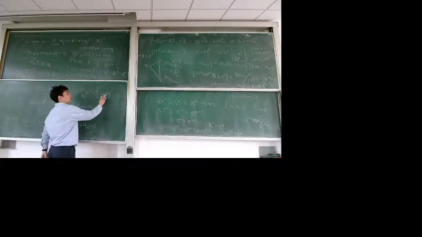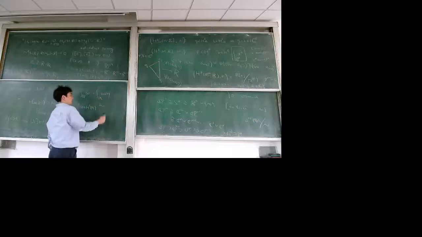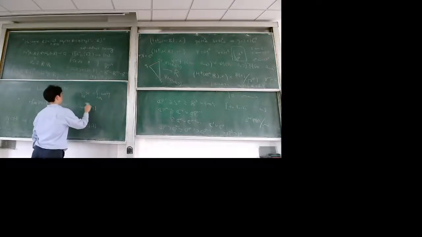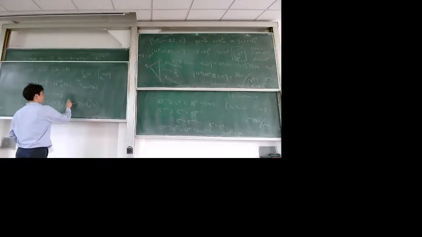Then for any omega in H^k, you can have a wedge product, so eta has to be an (n-k)-form. You can find eta such that this identity holds. This assignment will give you an isomorphism between k homology and (n-k) homology.